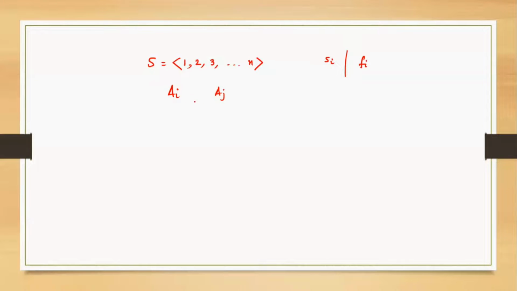That is, if the starting time of Ai is Si and finishing time is Fi, and the starting time of Aj is Sj and finishing time is Fj, then they are non-interfering if Ai intersection Aj equals phi. So they should have different start and finish times.